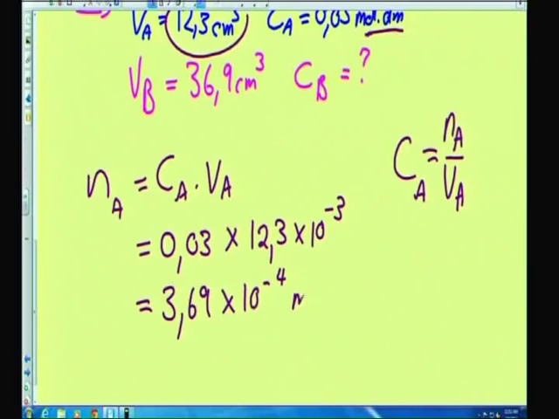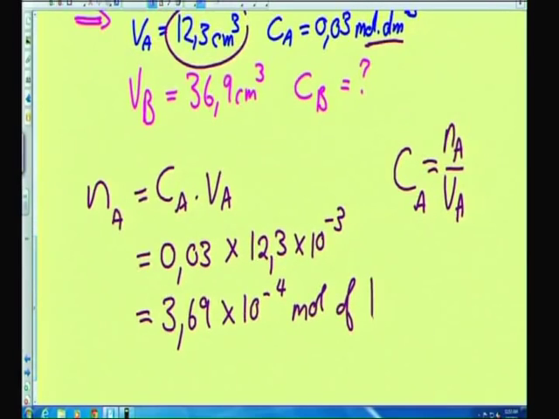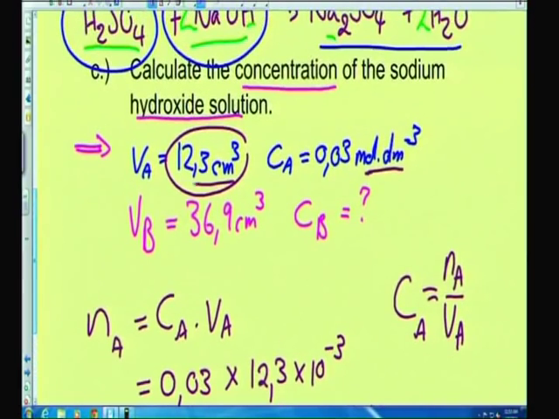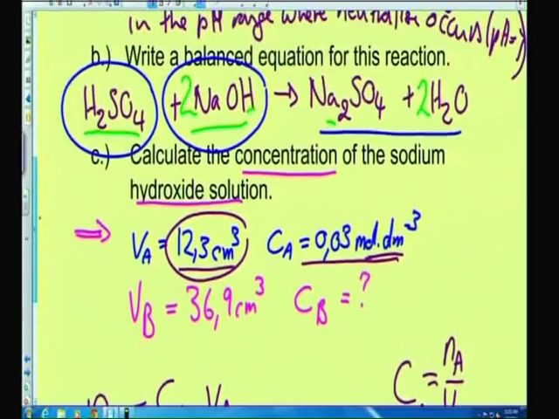Now what's this? Moles of sulfuric acid. Please note that this is moles of sulfuric acid. It was the volume of sulfuric acid, it was the concentration of sulfuric acid. But here's the trick. We need to be very clear.